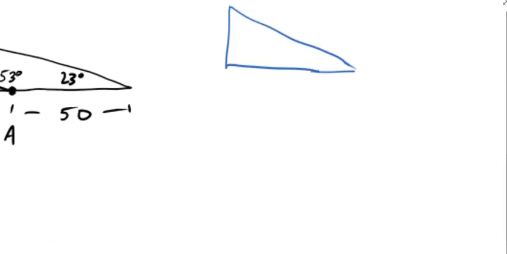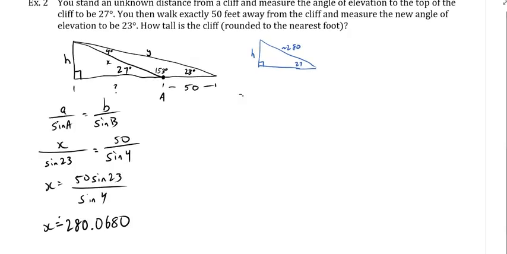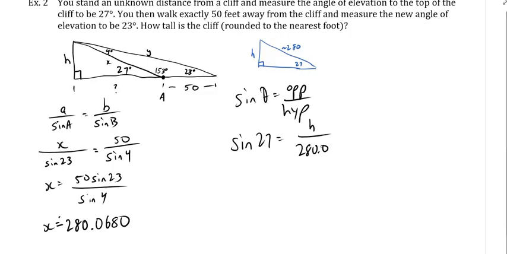So I've got this other triangle going on here. Right? And I've got 27, this 280 approximately, and H and a right angle. So what am I using? SOHCAHTOA? Sine. And sine of my angle 27 is opposite, which is H, over hypotenuse, which is that 280.0.